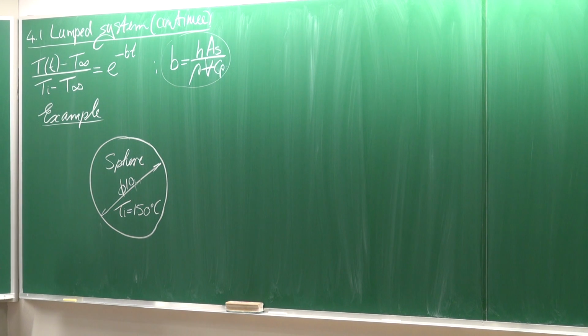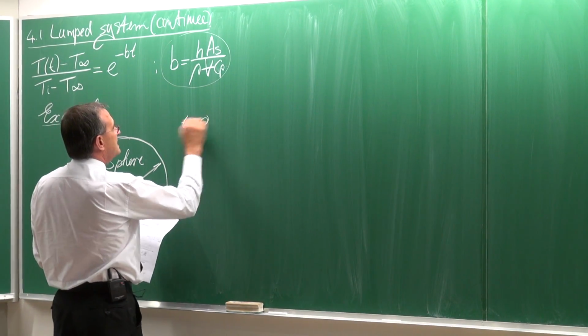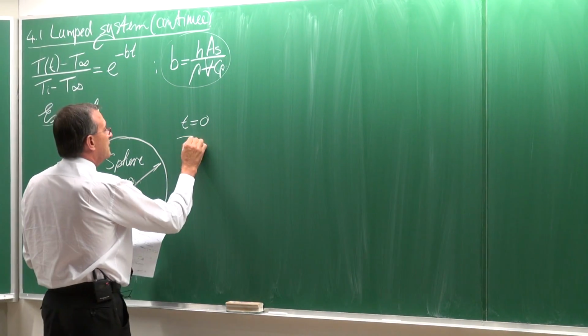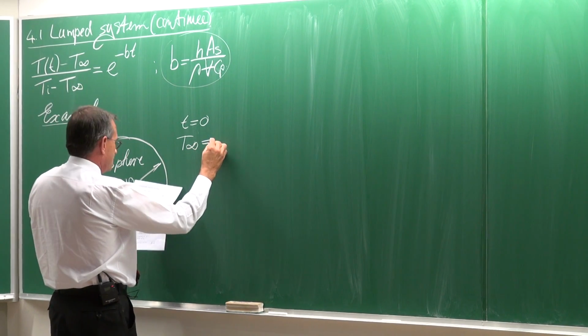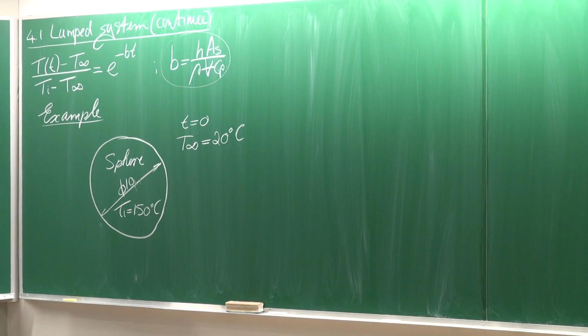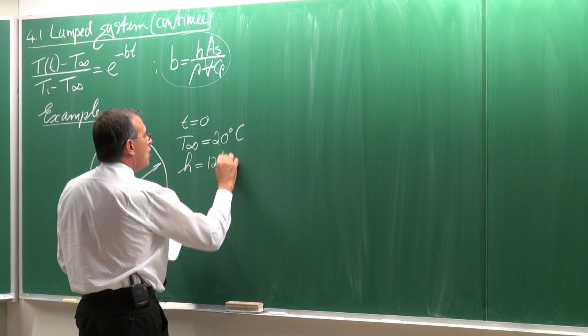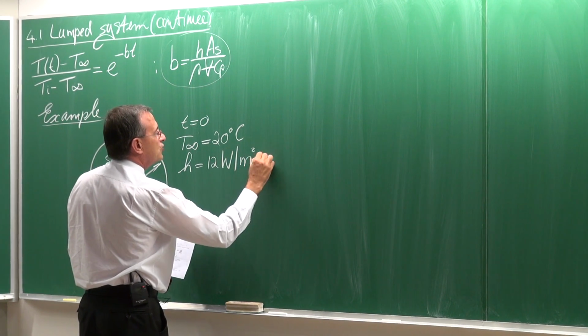Maybe it was in an oven or something like that. Then it is taken out of that environment at t equals 0, and the environment now has a temperature of 20 degrees Celsius and a heat transfer coefficient equal to 12 watts per square meter degree Celsius.